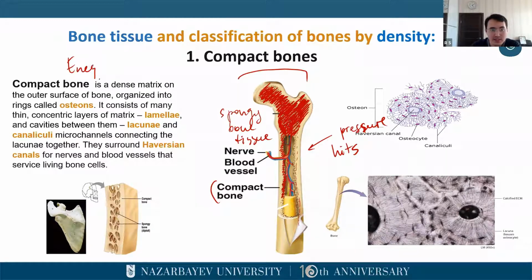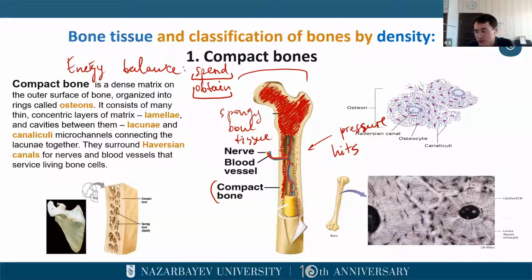Okay, so we have balance in energy. So this balance means that we spend energy and we obtain energy. So to be able to spend more, we need to obtain more. And whenever we have huge mass of the organism, we of course need to spend energy much more. And this means that we need to obtain much more too. And in this case, to obtain much more energy, we need to again spend much more energy to just get this food, etc. Right?